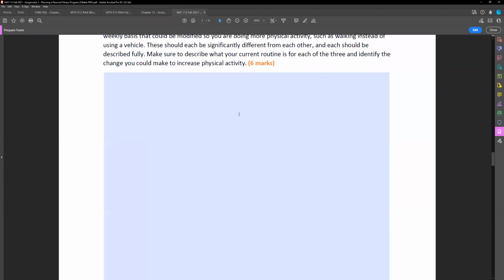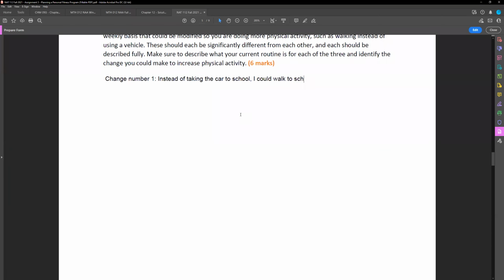I'll give an example here. My change number 1 could be something like the following. Instead of taking the car to school, which I'm personally not doing because we're all working from home and I take the subway anyway, but instead of taking the car to school, I could walk to school instead, giving me, let's say something like 3 kilometers of walking time each weekday.